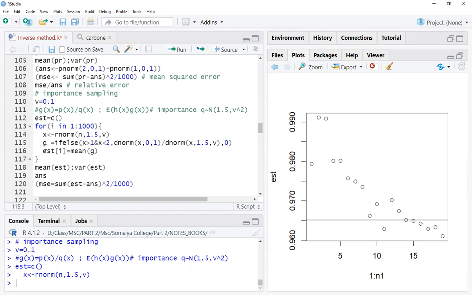And then you are generating from this G of X. Under this G of X function, if this condition is true, then you are generating these observations from this distribution, else it is 0, because we are not interested in the rest of it. And estimating, each estimate value will be stored in this estimate value of I, which is the mean of this, and we have to obtain the mean of this estimate and variance of this estimate. Let's see if it works.